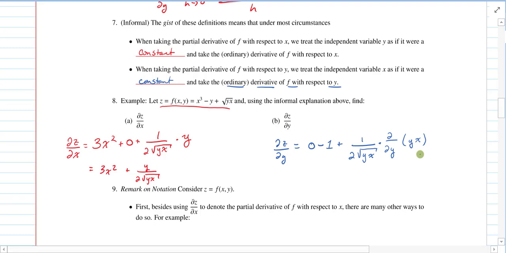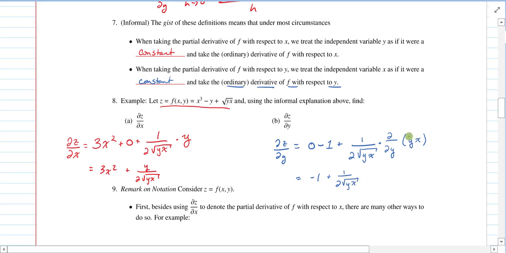So again, let's say that one more time. How do we take the derivative of the square root of an expression with respect to y? It's 1 over 2 times the square root of that expression, but then we've got to do the chain rule. So we multiply that by the derivative with respect to y of what that inside expression was right there. And so if we finish this out, we'll have minus 1 plus 1 over 2 square root of yx.